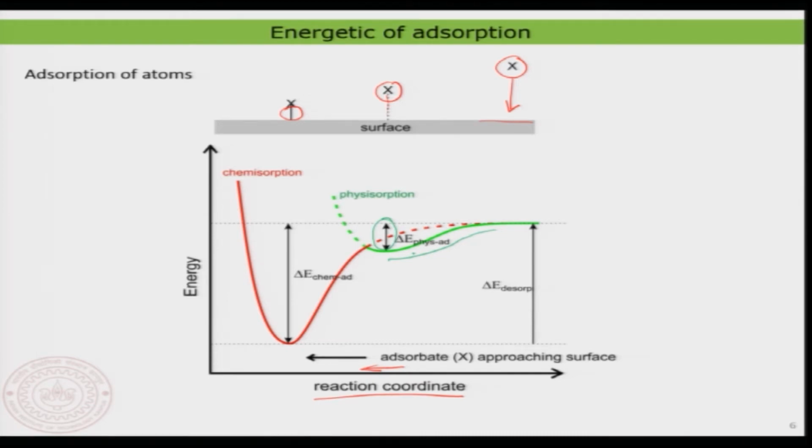But now, the interesting point, as I told you, if you push the atom a little further onto the surface, then it can undergo chemical reaction. That means the interaction becomes stronger and stronger, and the atom is gaining a lot of energy by chemically reacting with the surface. It is not necessary that all atoms would chemisorb on surfaces.